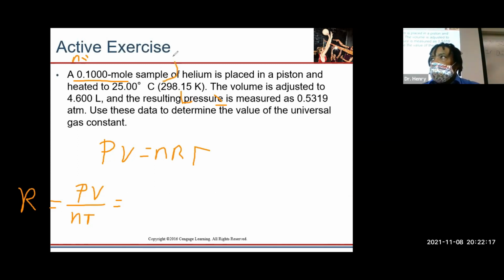They give us T. They even put it in Kelvin for us. This is our pressure. And this is our volume.